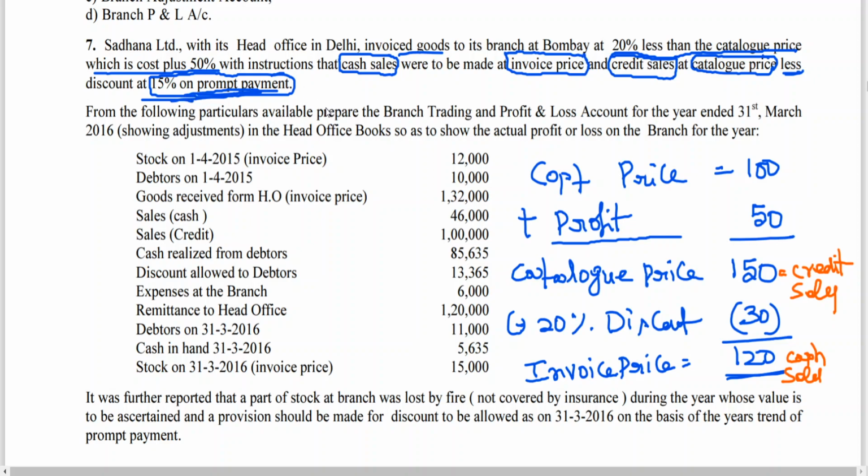This is the meaning. See, goods have been consigned by head office to branch, and branch is selling the goods on credit basis. On credit sales, the head office has allowed the branch to give 15% on prompt payment.